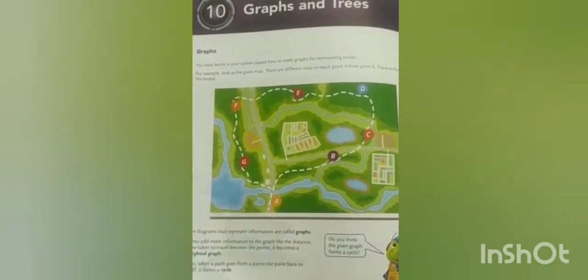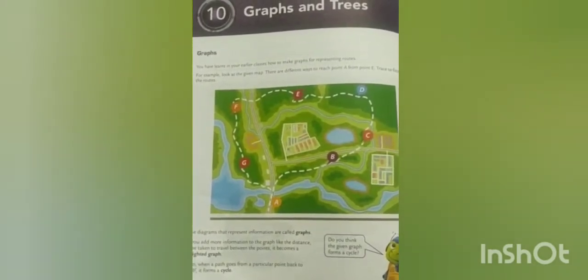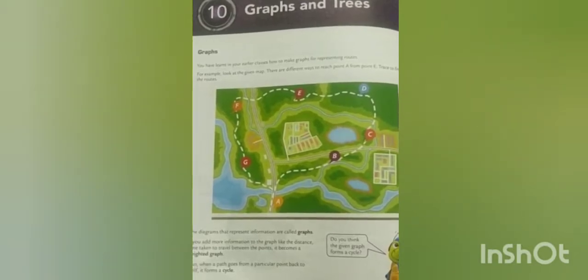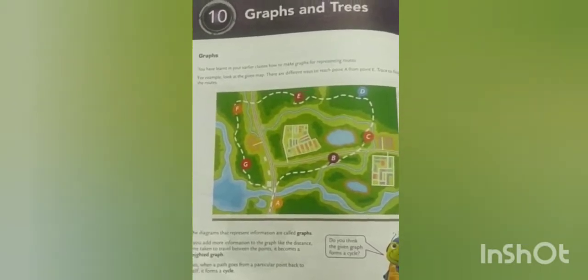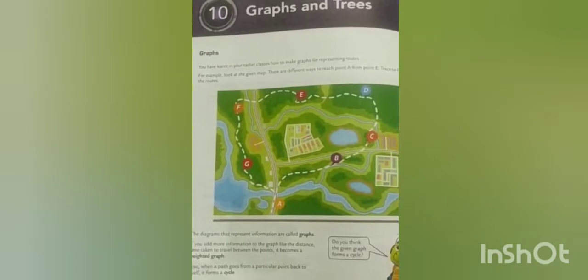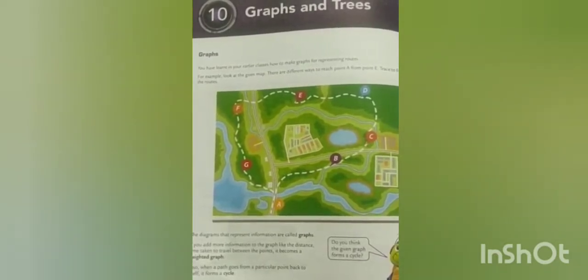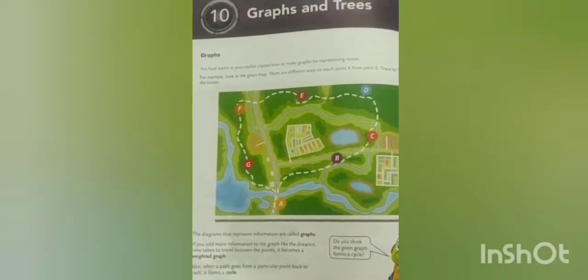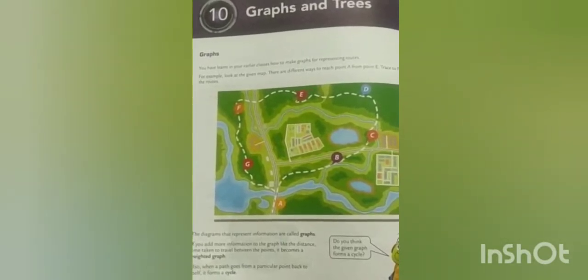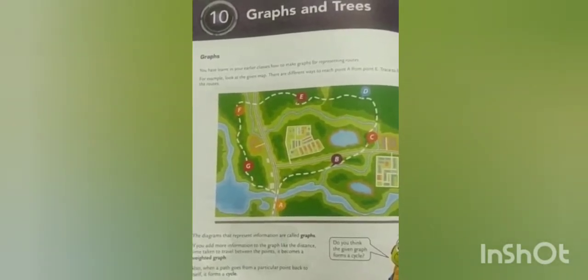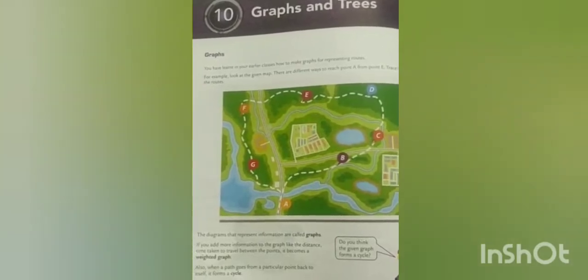Now there's one more thing, a new term is being introduced, that is weighted graph. Now what is a weighted graph? If in a graph you add more information to the edges, like the distance or you can say the time needed to travel from one point to another point, it becomes a weighted graph.